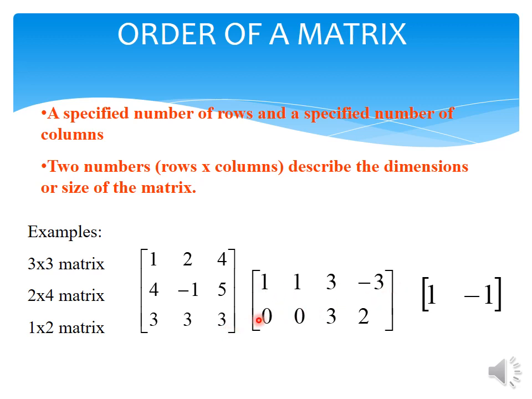Similarly, in the next matrix, there are 2 rows and the number of columns is 4. So what is the order of this matrix? The order of the matrix is 2 by 4. Then next is only one row and number of columns 2, so the order of this matrix is 1 by 2.